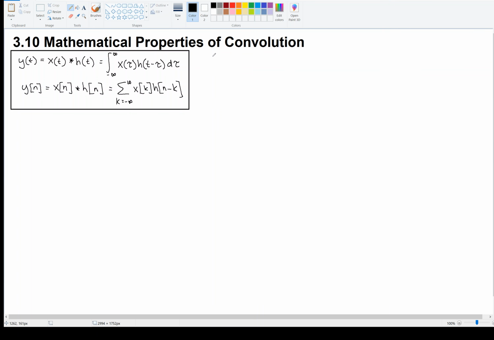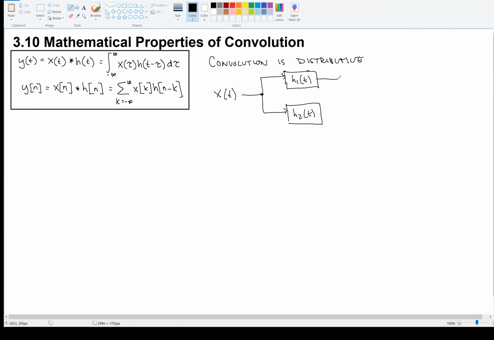Okay, next. Convolution is distributive. Okay, so let's say I had a signal. I'm just going to draw it in continuous time, but this applies for discrete time as well. And I sent that signal to an LTI system with impulse response h1 and separately h2 of t.